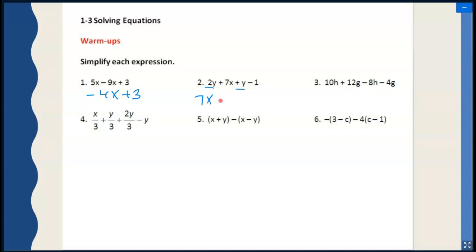We group y with y to get 3y. And negative 1 has no like terms. In number 3, you'll group your h's together, so 10h and negative 8h gives 2h. Grouping your g's, 12 minus 4 is positive 8g.